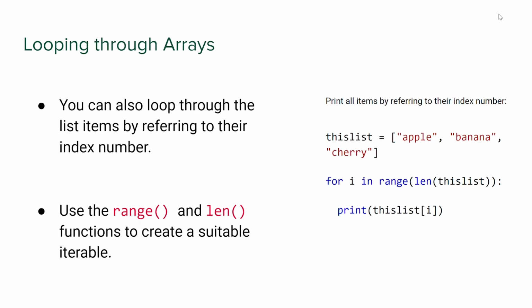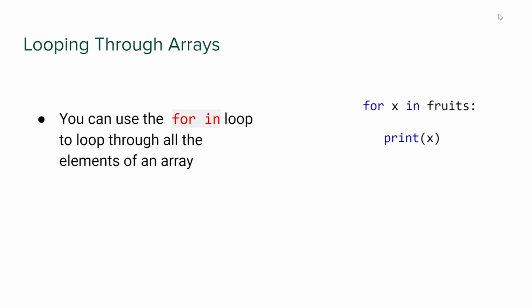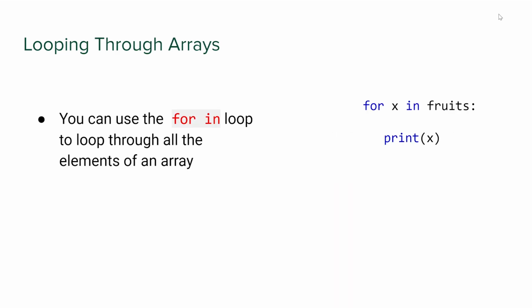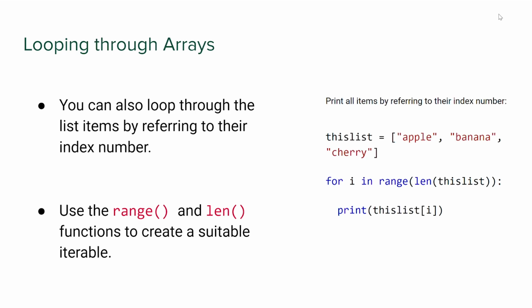Looping for arrays. There's a distinction between looping through elements and looping through lists here, because you can also loop through the list items by referring to the index number. Here we're just doing it through all the elements, but we can also use a slightly more complicated method, whereby you loop through the list items by referring to a specific index number of those items in the list.